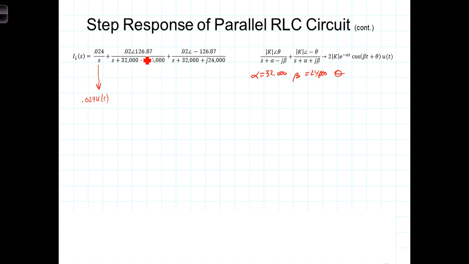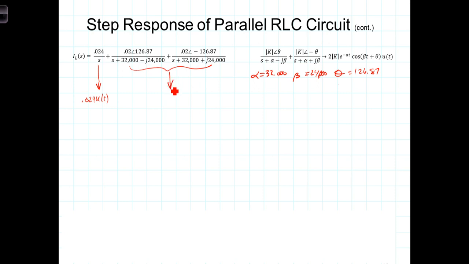In this case, theta is equal to a positive 126.87.